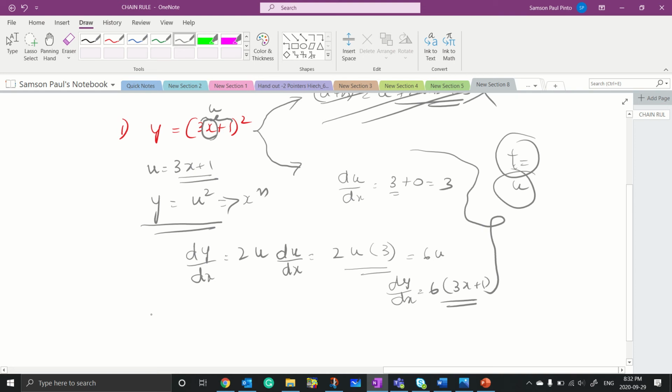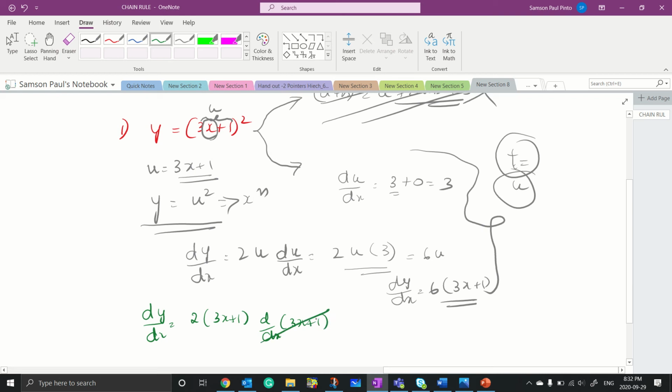Now I'm quite advanced in differentiation, so if I were to do this problem, I would directly do it. dy by dx is equal to 2 into (3x plus 1) into d by dx of (3x plus 1).